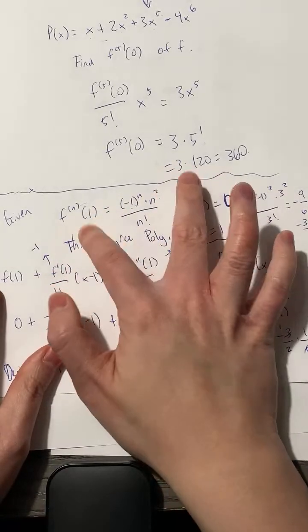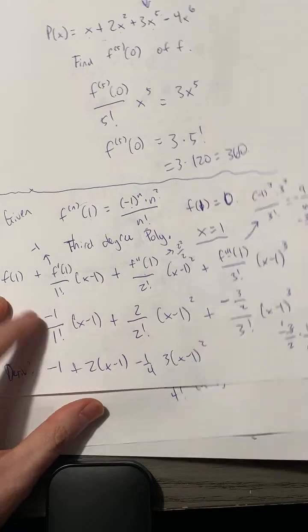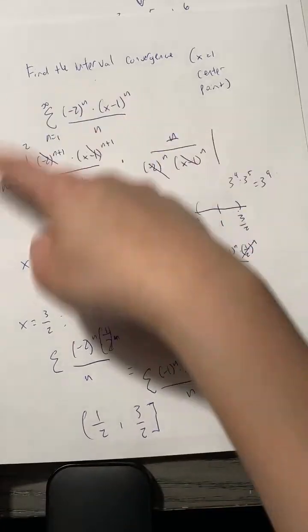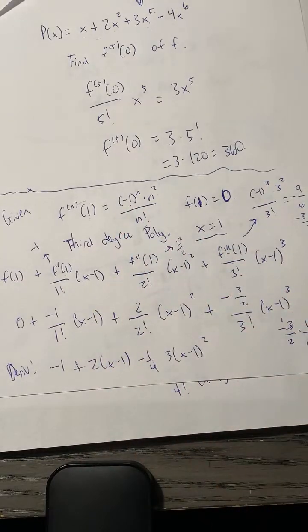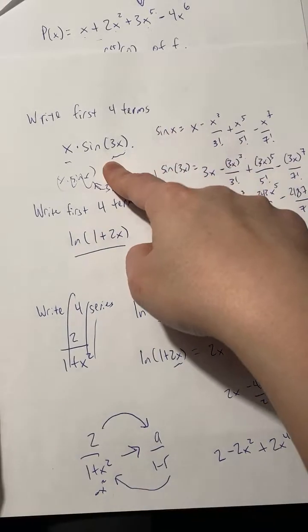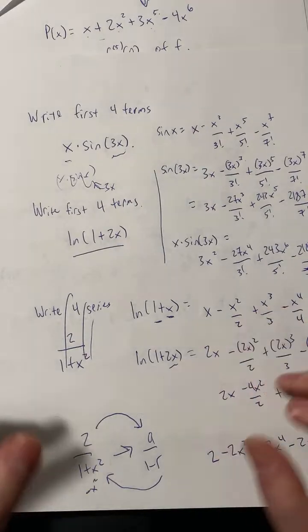Oh yeah, right here. You're given a derivative formula. That's going to be a Taylor series problem where you do the factorials. So again, first one is interval of convergence. Second one is derivative formula. And then the third type is when they give you one of the special functions like sine or cosine or ln. And for those, you would not do the factorial formula. You'll probably just plug in and multiply. That's the part A for all these problems.